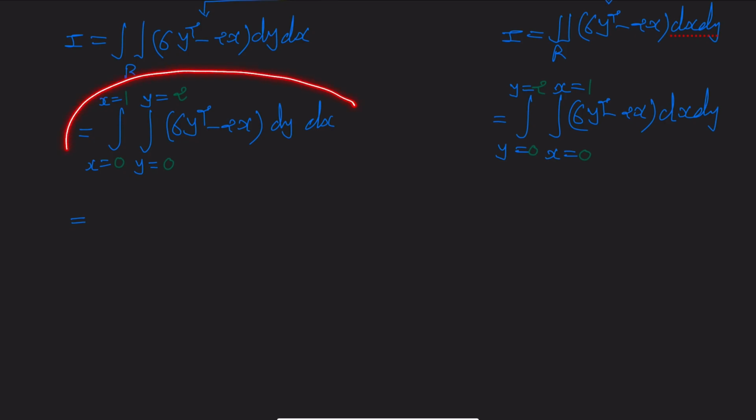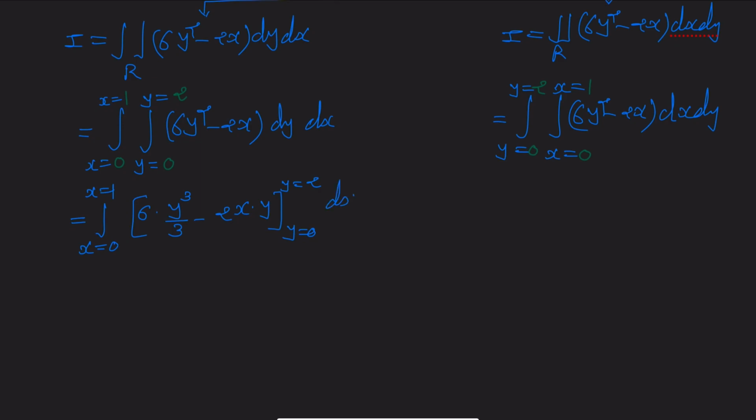Let us concentrate on this first. What we have to do? First we integrate with respect to y. So whenever we are integrating with respect to y, x is equal to 0 to 1. 6 is constant. Integration of y with respect to y is y cube by 3, minus 2 is constant. Keep in mind we are integrating with respect to y, so x as it is, integration of 1 is y, with the limit y is equal to 0 to y is equal to 2 dx.